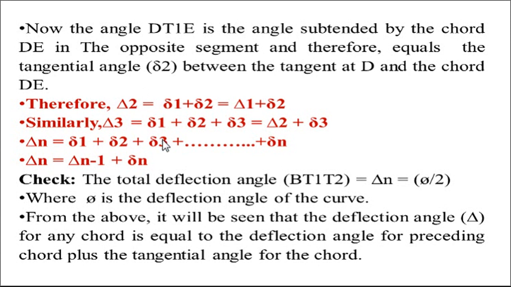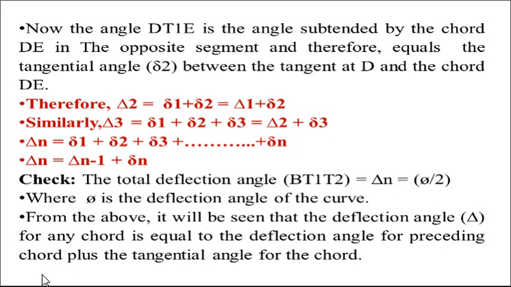Now to check our calculations, we have to do the total deflection angle BT1T2 is equal to delta n and it should be equal to half of the deflection angle. So if our delta n is coming equal to half of the deflection angle, then whatever the calculations we have done are the correct one, where alpha is the deflection angle of the curve.